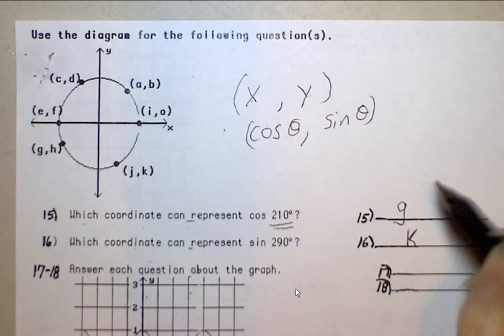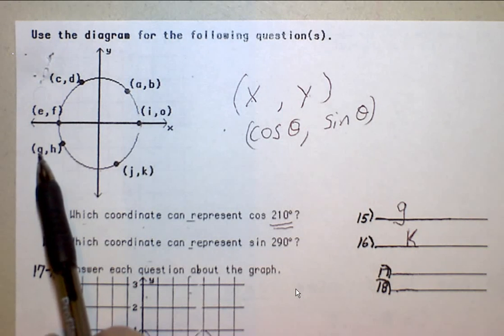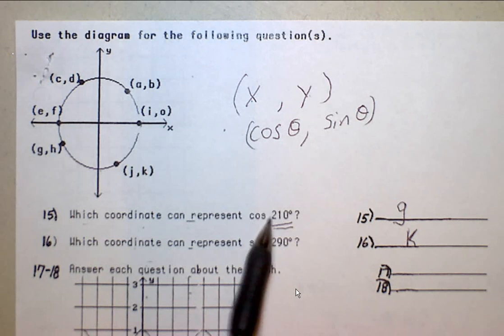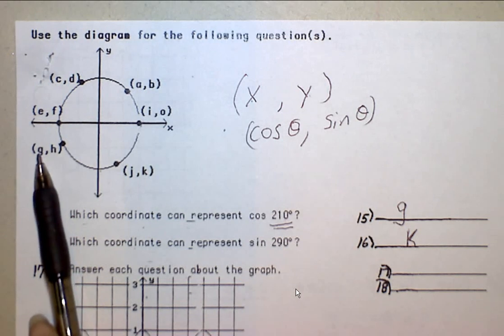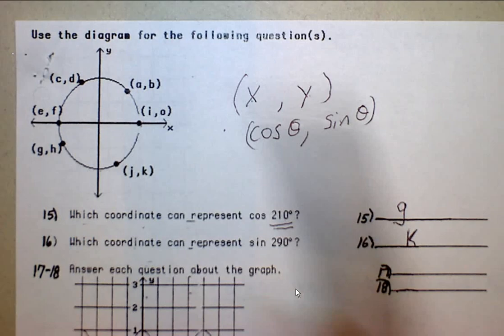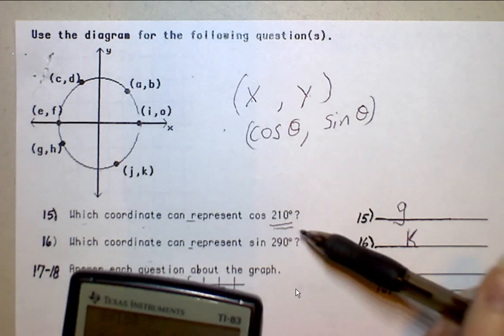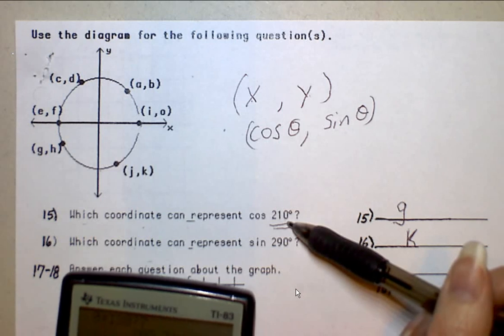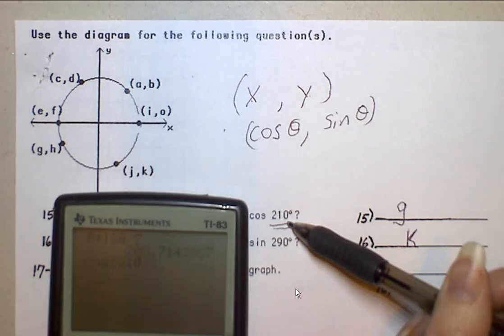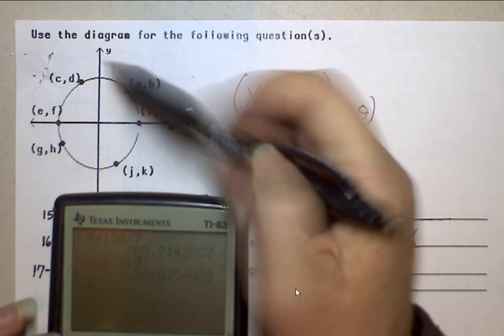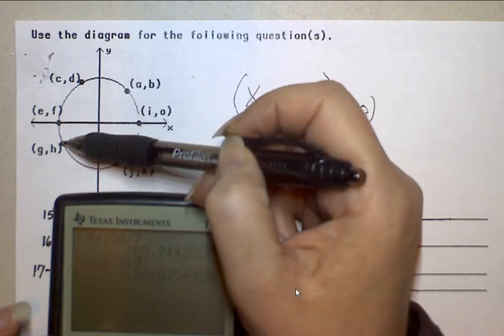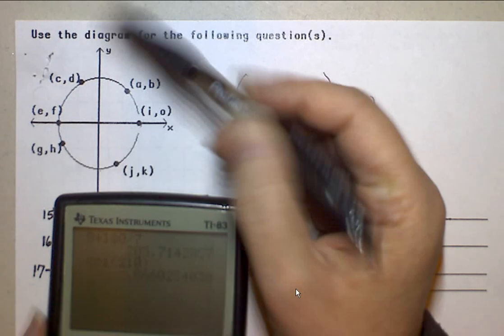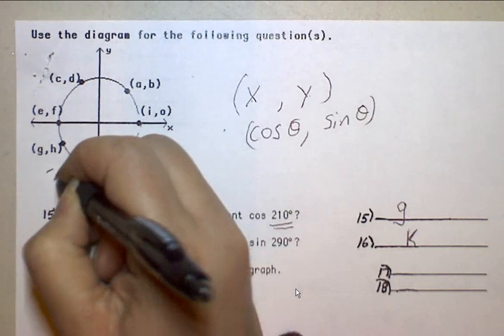Now if I wanted to know what this point is, just for curiosity, hopefully it makes sense that if I do cosine of 210, that's going to give me my x value, just so you know. So if I do cosine of 210, that means that right there is negative 0.866.